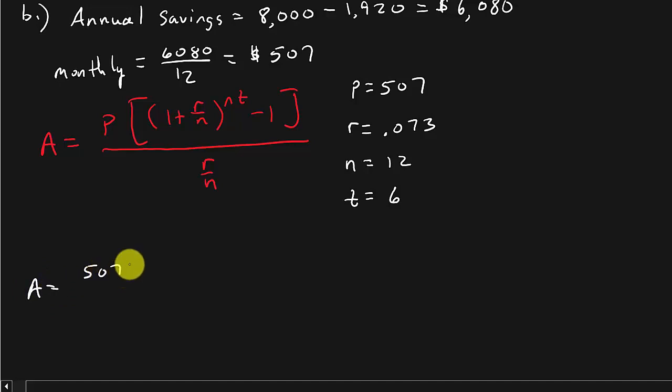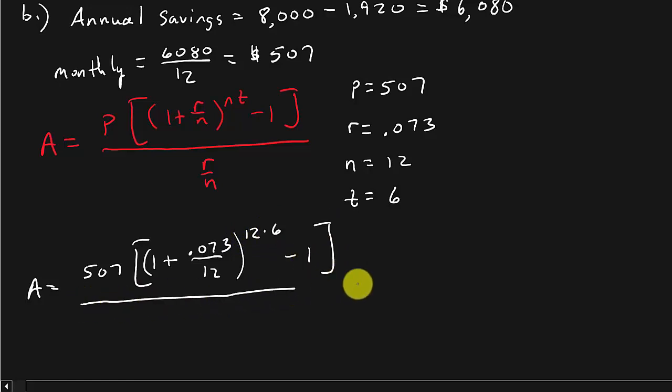That's going to be 507 times 1 plus R over N, so 0.073 over 12, raised to the N times T, so to the 12 times 6, minus 1, all over R over N, 0.073 over 12.